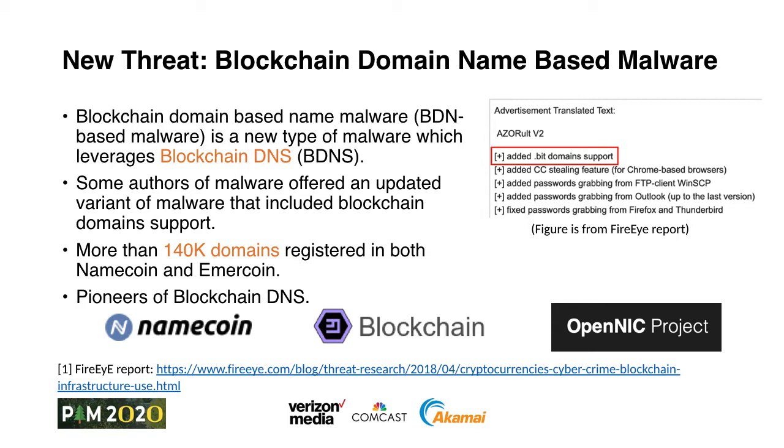Now, more than 140,000 domains have been registered in both Namecoin and Emercoin, which are cryptocurrency companies. Namecoin and Emercoin are based on the blockchain, and all the domains are publicly available using blockchain explorers.